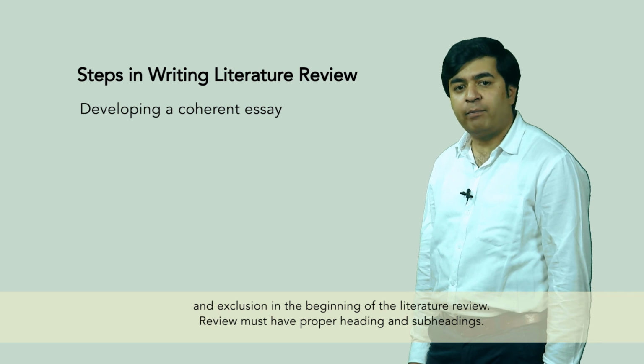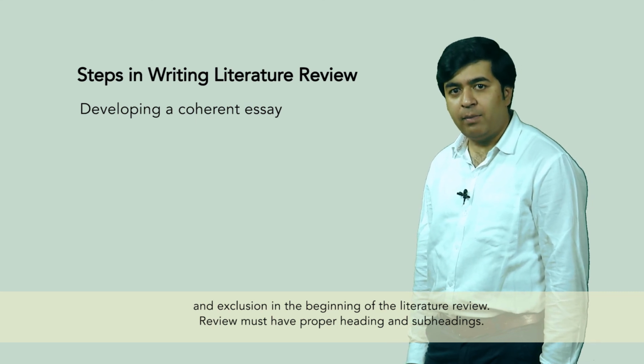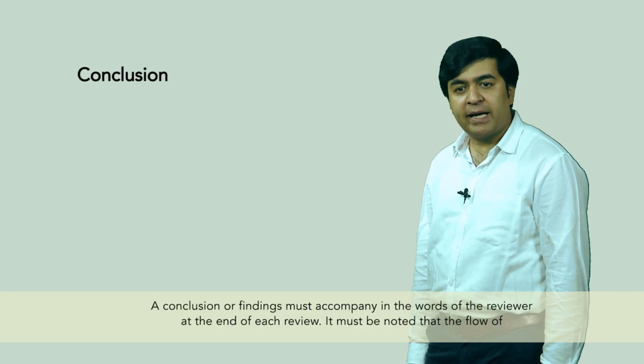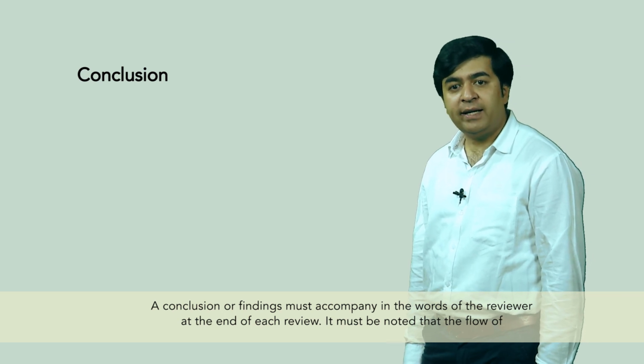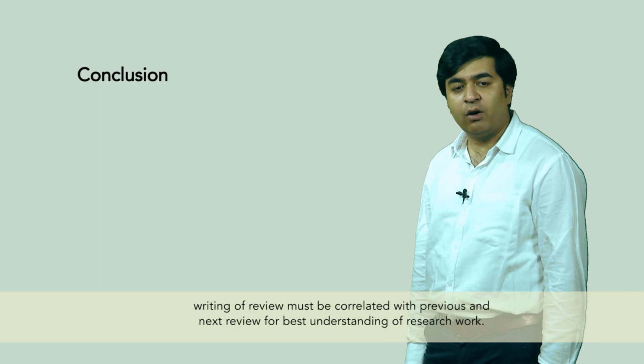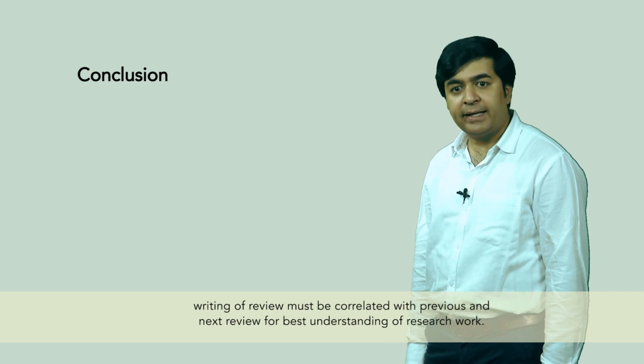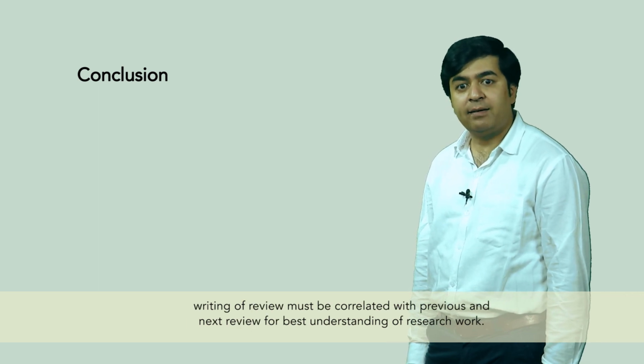The review must have proper headings and subheadings. A conclusion or finding must accompany, in the words of the reviewer, at the end of each review. It must be noted that the flow of writing of the review must be correlated with the previous and next review for the best understanding of the research work.